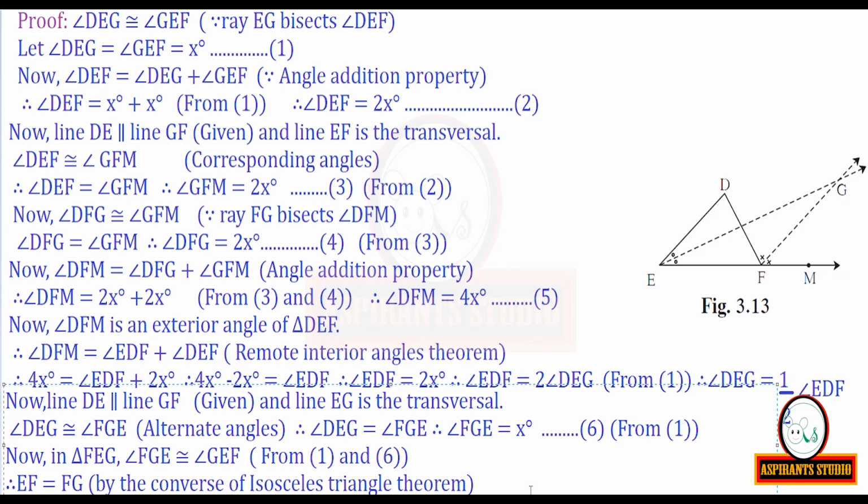Now question number 9 is very simple. You have to use only vertically opposite angles, angles in a linear pair, and sum of measures of all angles of a triangle is 180 degrees. So you can do that as homework.